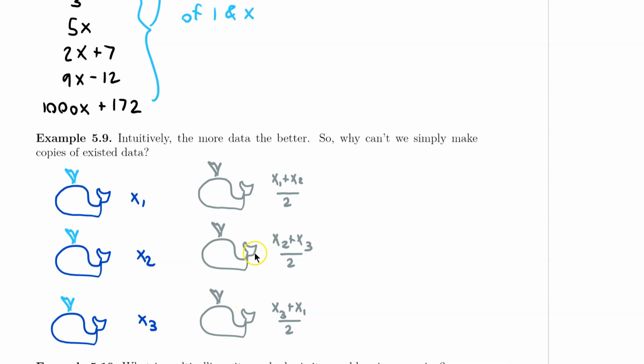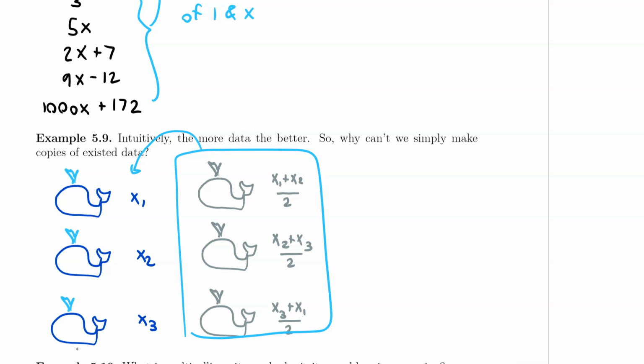But as it turns out, my average for these whole 6 data is not going to be any different from the average of the 3 data that I have. When we make new data like this, these are just linear combinations of old data, linear combinations of x1, x2, and x3.